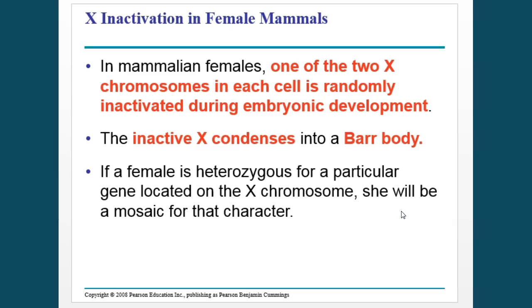Most of the genes of the X chromosome that forms the bar body are not expressed. In the ovaries, bar body chromosomes are reactivated in the cells that give rise to eggs, so every female gamete has an active X. If a female is heterozygous for a particular gene located on the X chromosome, she will be a mosaic for that character.